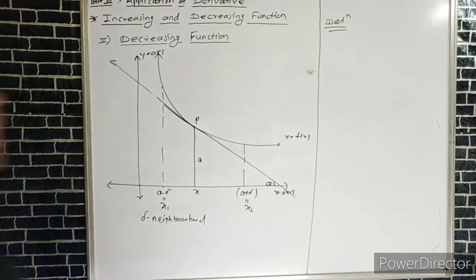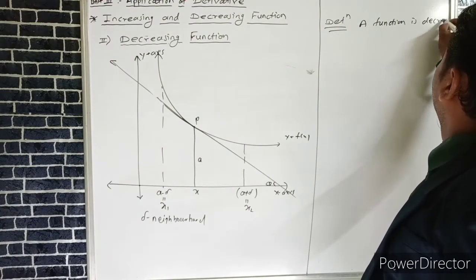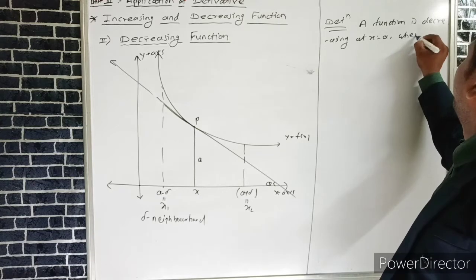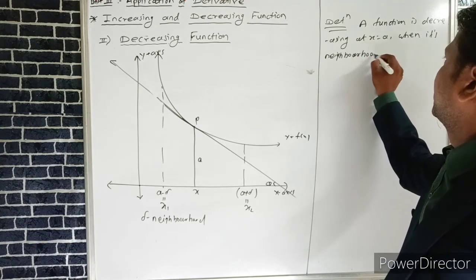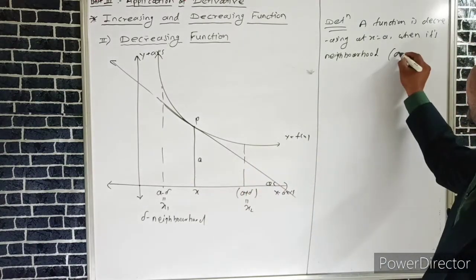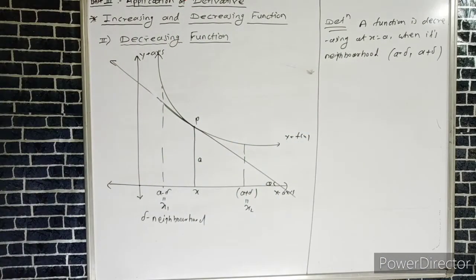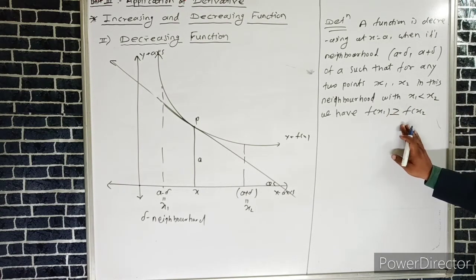A function is decreasing at x equals a when, in its neighborhood a minus del to a plus del, for any two points x1, x2 in this neighborhood with x1 strictly less than x2, we have f of x1 greater than f of x2.